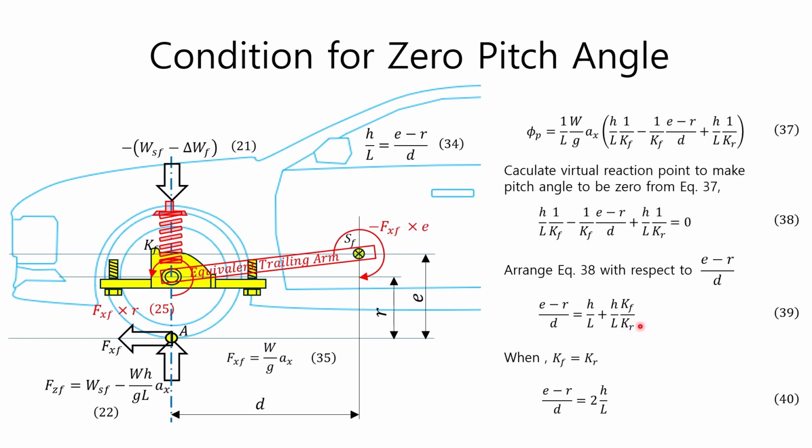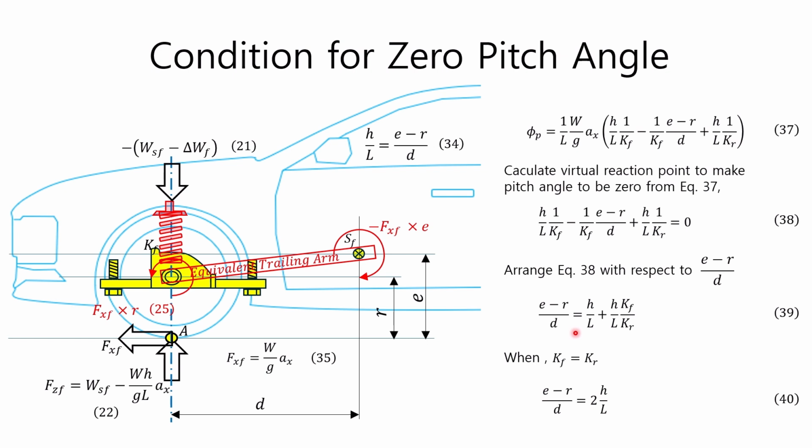The second term on the right side of equation 39 explains that if the difference between the front suspension wheel rate and the rear suspension wheel rate is not significant for the pitch angle to become zero, the height of the center of gravity must either drop by nearly half under the condition of zero lift, or the value of E minus a must increase by nearly double.